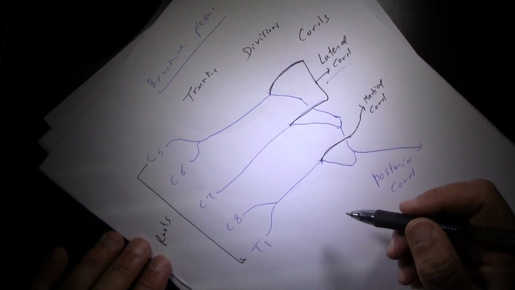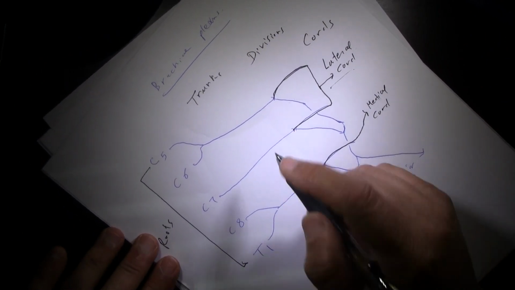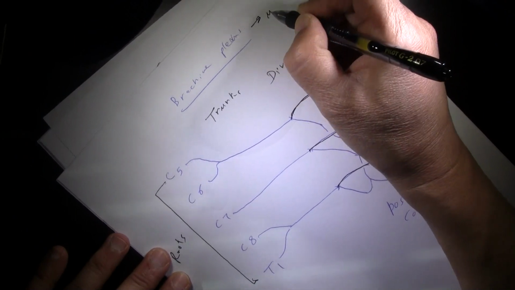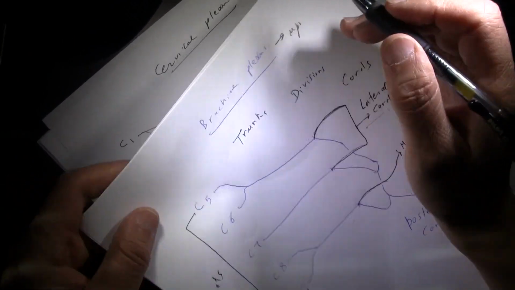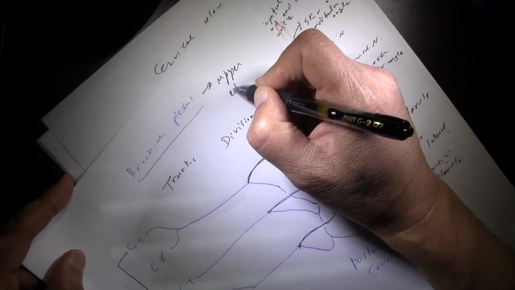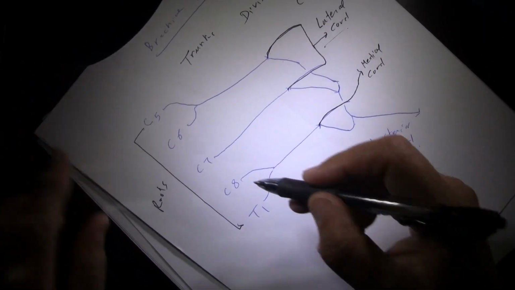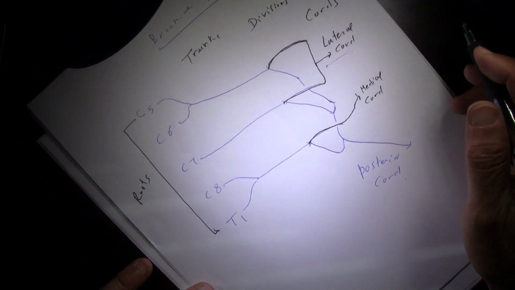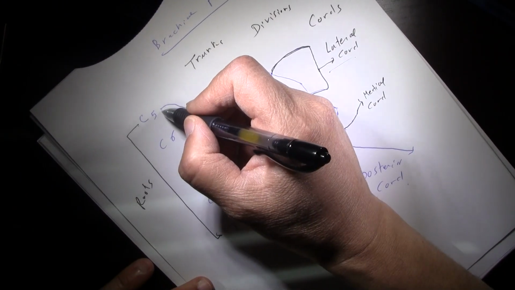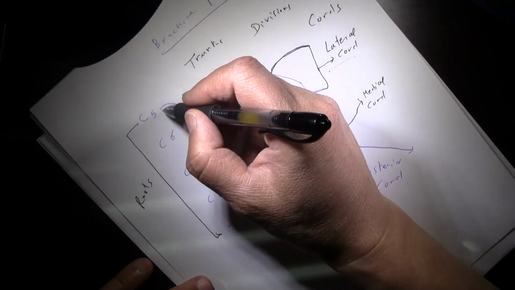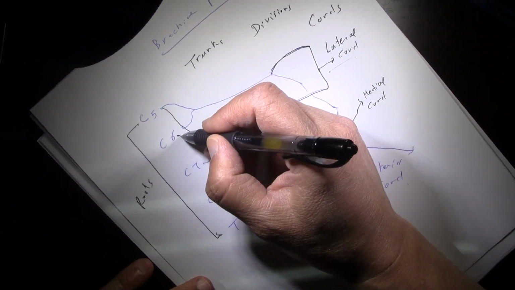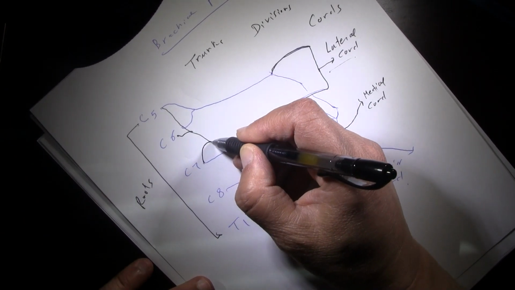What are the branches coming from the brachial plexus? The brachial plexus is the nerve of the upper extremity. From the roots C5, 6, 7 there are some branches coming.